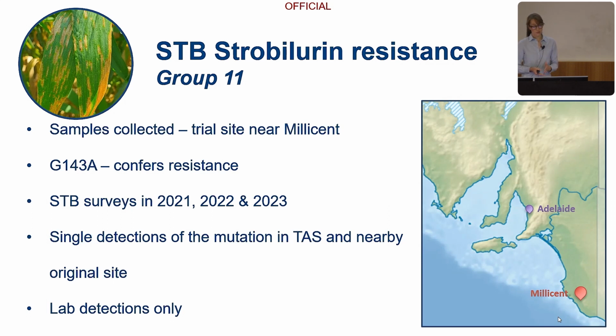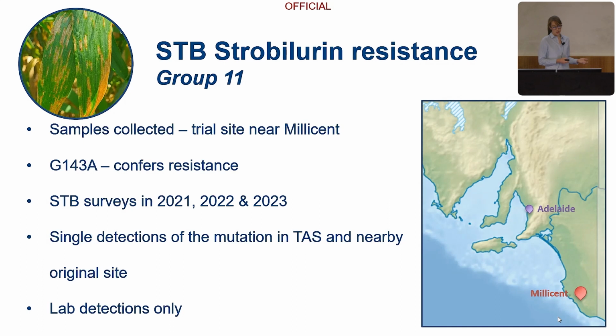It originated from samples collected near a trial site in Millicent, which you can see in SA, if you're not familiar with our state, is down here south of Adelaide, right down at the bottom. This is in our high rainfall zone, and we get heavy Septoria tritici blotch disease pressure there every year.